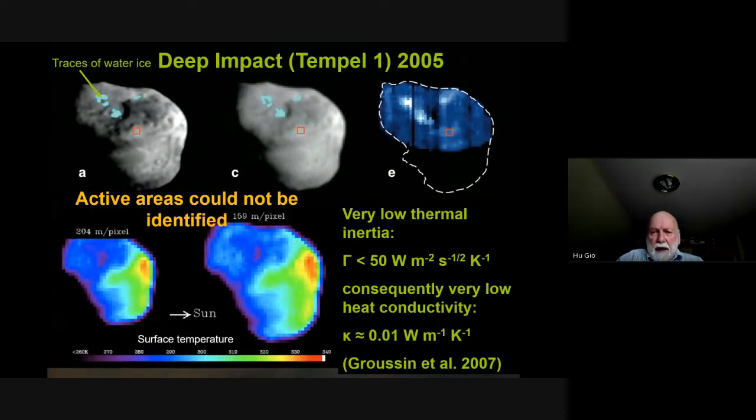Going on, the next mission was an experiment, Deep Impact to Comet Tempel 1 in 2005. Again, a different form of comet, not so bilobal, but also not spherical either. The interesting part was, of course, the experiment with the impactor, but the results from this experiment were limited.